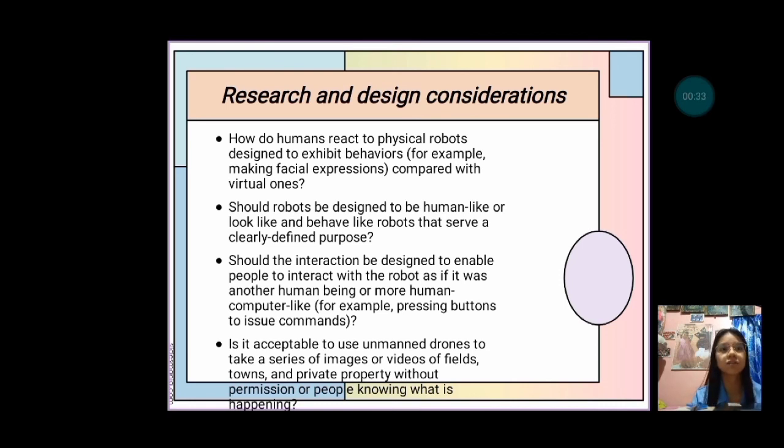Should the interaction be designed to enable people to interact with the robot as if it was another human being or more human computer-like? For example, pressing buttons to issue commands. Is it acceptable to use unmanned drones to take a series of images or videos of fields, towns, and private property without permission or people knowing what is happening?